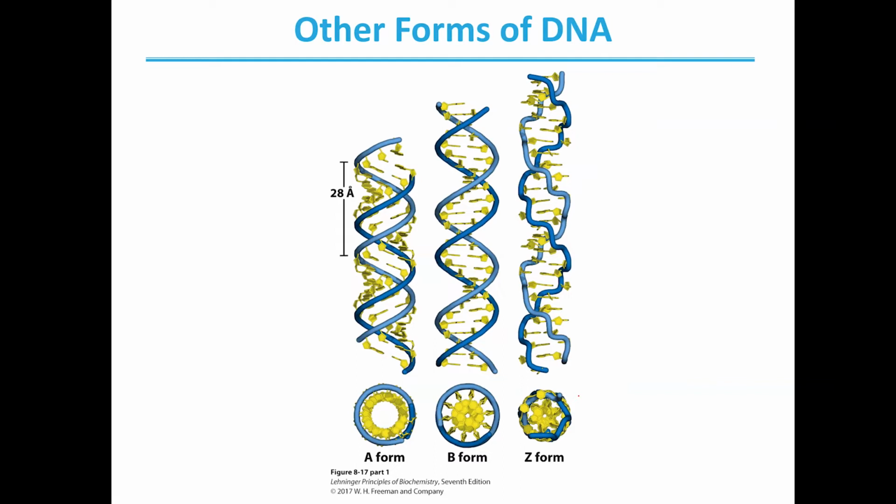These are denoted by A form, B form, and Z form. And you can see them pictorially here. A form generally is a more condensed form of the B form. It has the same type of rotation, except that there are more nucleotides compressed within one of these rotations.